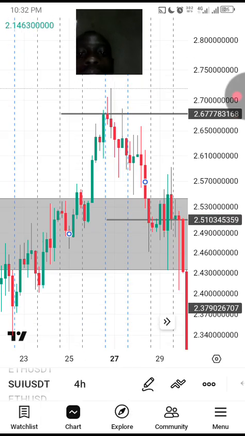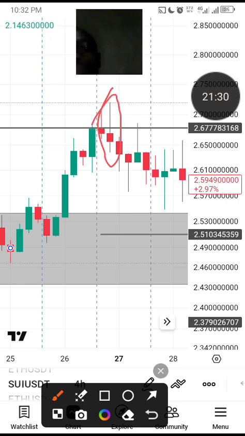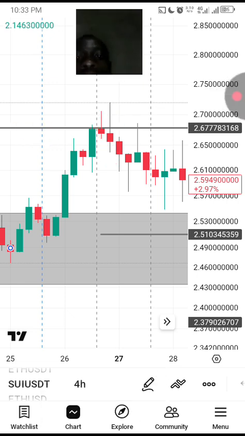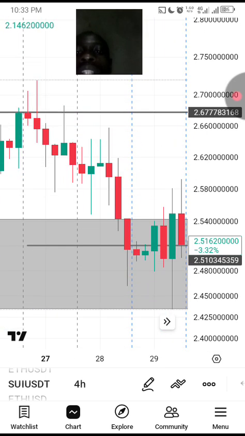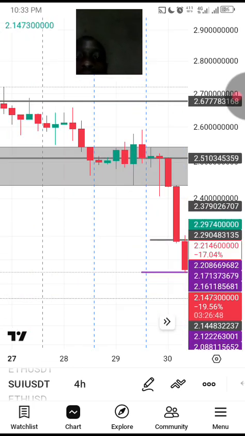You see, after reaching up, we get another candle here. Again, it is this one, confirming that we should go short. Yes, that's how you enter. It is happening everywhere.